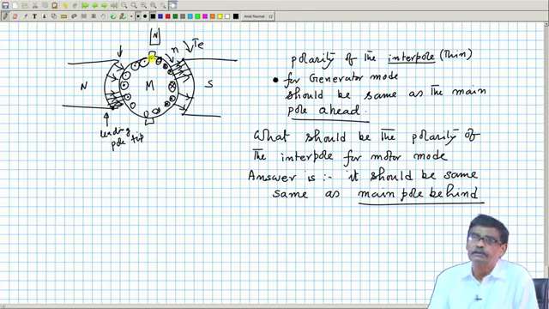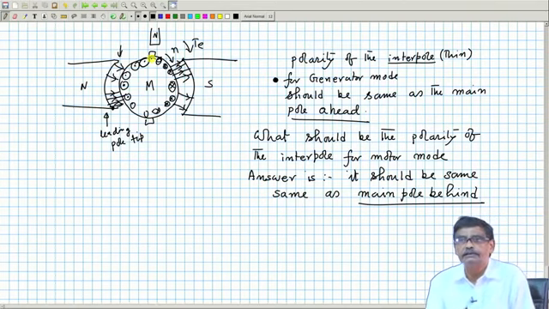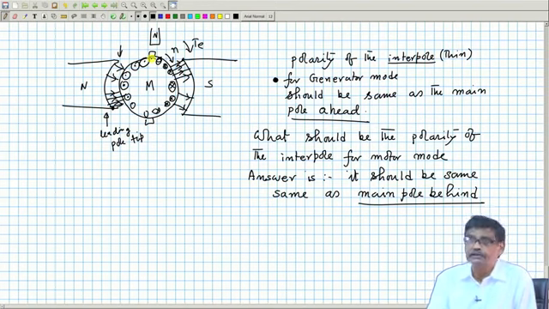Commutation should be as smooth as possible. Commutation means a conductor carrying plus current, immediately after some little bit of time when it crosses the q axis, has to carry the dot current. We must do it uniformly, otherwise there will be flashover between the brushes and the thin strip of mica insulation may break.